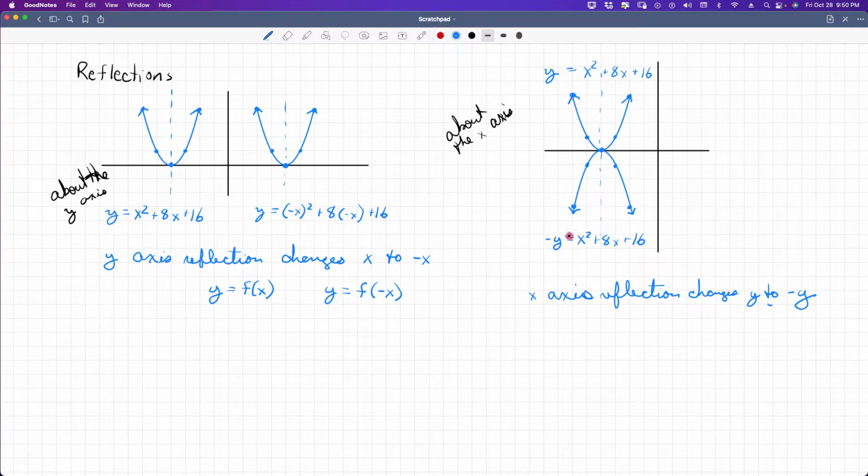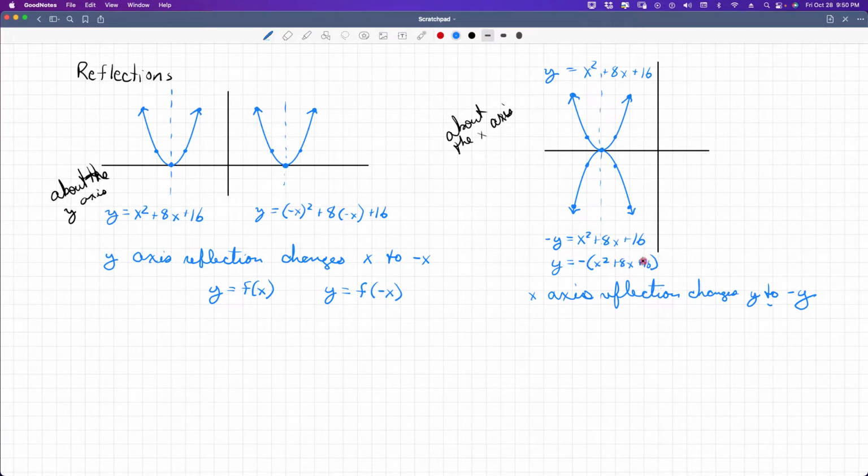But look what happens. We don't like to have that negative on our y value here. We never like to see that negative value out there by itself. So we multiply both sides by negative 1, and we get y is equal to negative x squared plus 8x plus 16.